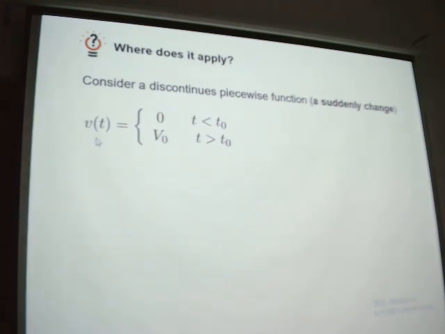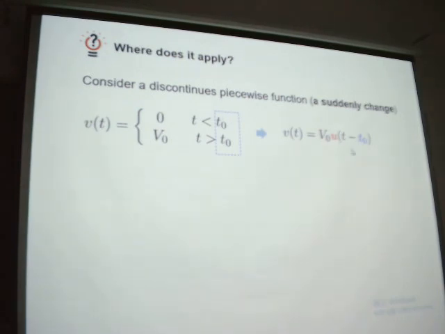This one is our v(t). Our v(t) is equal to 0 if t is smaller than t0. Then it's equal to v0 if t is greater than t0. And we can see the t0 is the same, right? That means the t0 is the time point where we change our value.